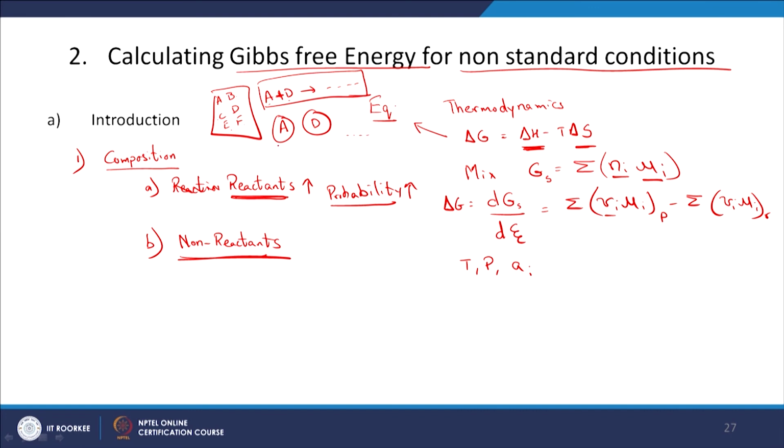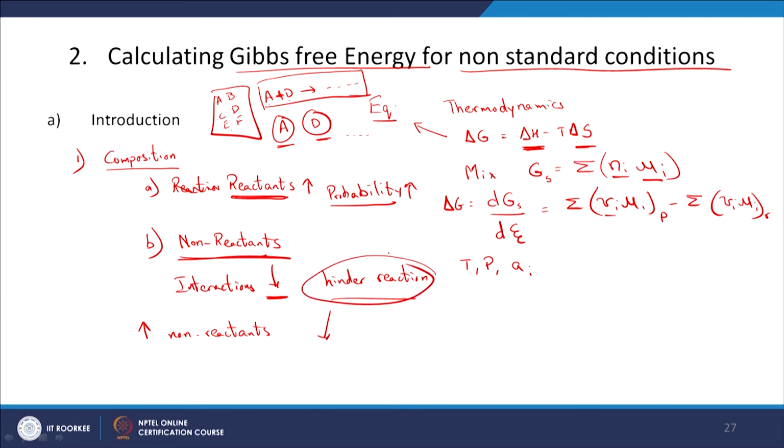There are other aspects, but we are not going to go into greater detail. These interactions or interferences due to the non-reactants will in general tend to hinder your reaction, so the greater the concentration of your non-reactants, the more your reaction is hindered.